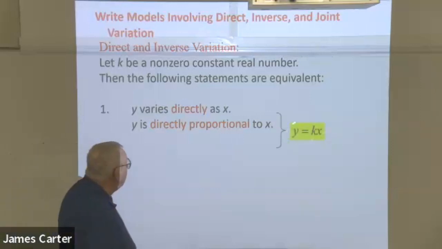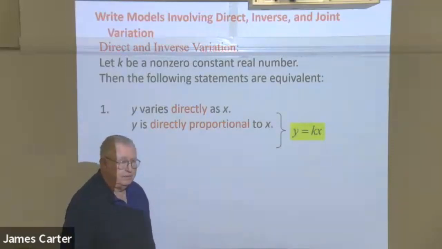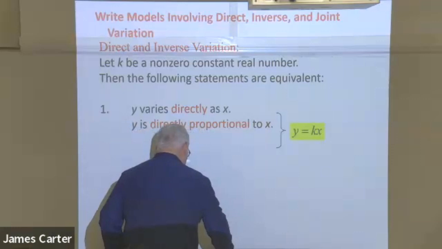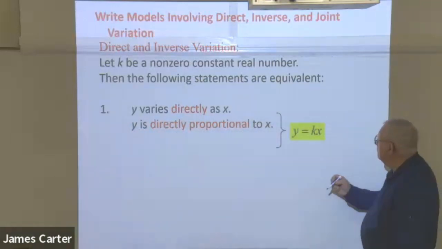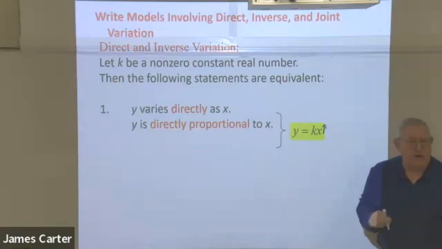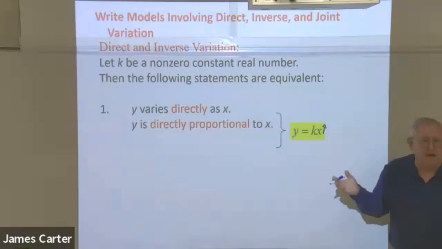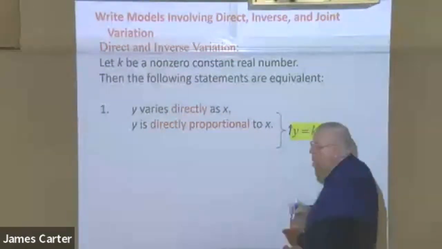Here's the general equation for what we call a direct variation: Y equals Kx. Now, the important thing to know about this, when it is direct variation, is that if you replace the original X with a bigger X, like the first time it was 5, next time it's 10, Y will also increase.